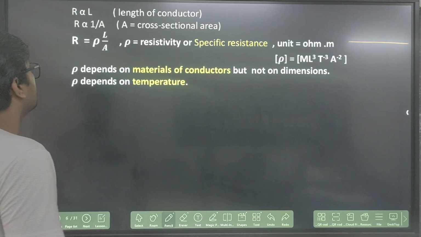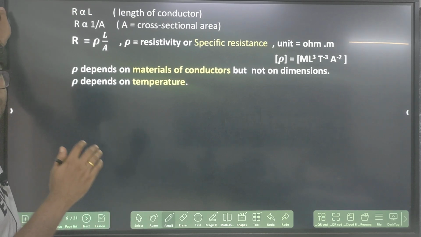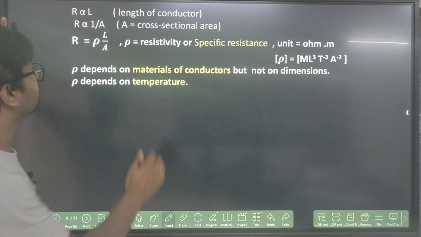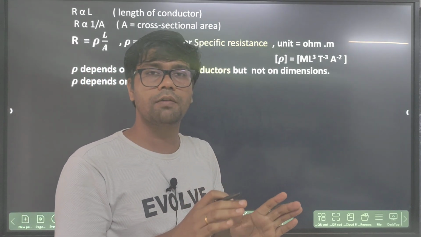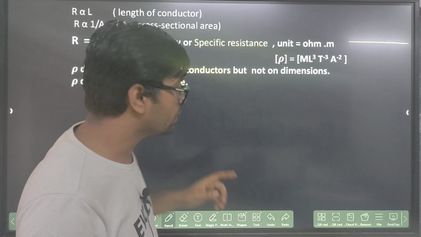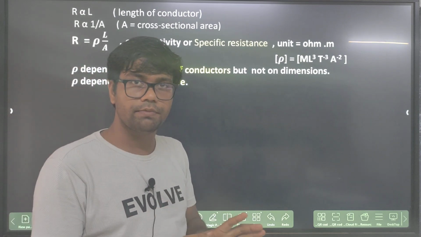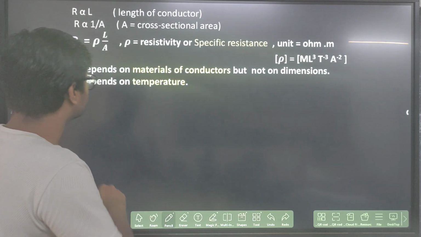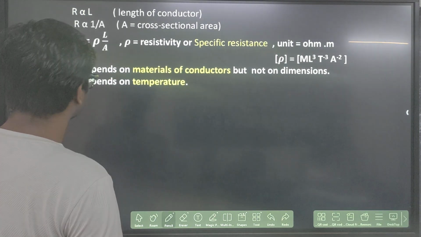Okay. Now this resistance is directly proportional to the length of the conductor. We'll derive a formula for the resistance. You will see that this is directly proportional to L, because you know this formula from 10th class, that's why I am introducing it here. So resistance is proportional to the length of the conductor, right?